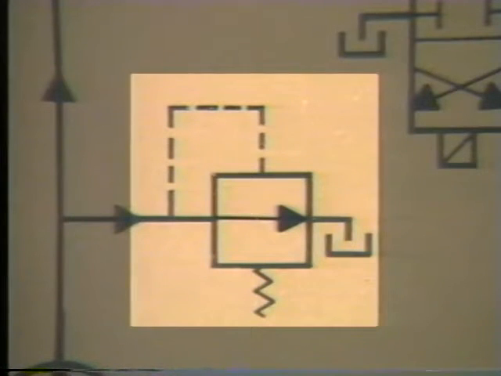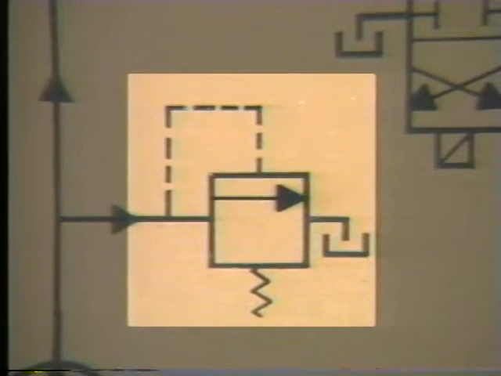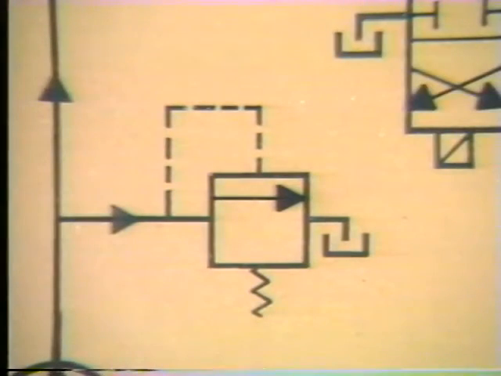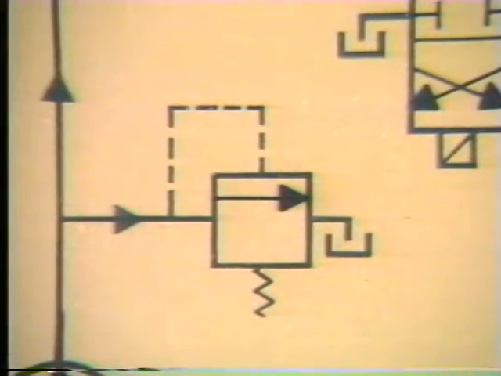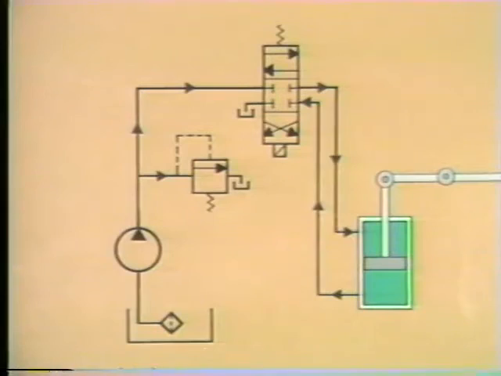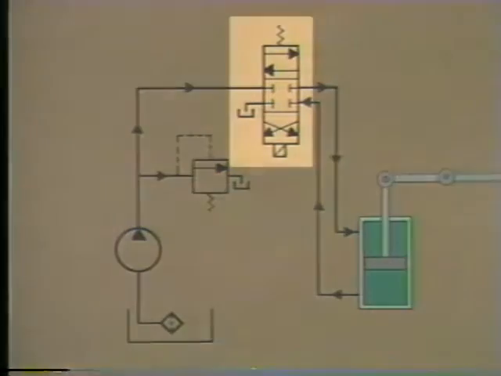When system pressure becomes less than the spring tension, the spring closes the valve, increasing system pressure. The relief valve will open or close as necessary to keep pressure constant throughout the system. In this way, fluid at the proper pressure will be supplied to the next component in this system, the directional control valve.